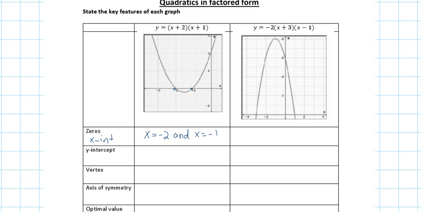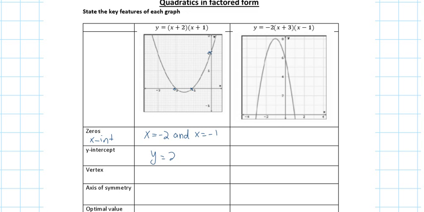Now, what's your y-intercept for this one? At y equals 2. You see how it's very important to also write down the correct format. The axis of symmetry passes through the vertex.